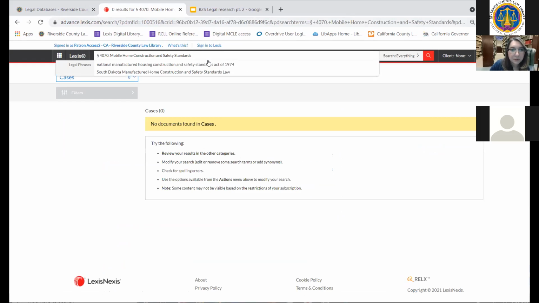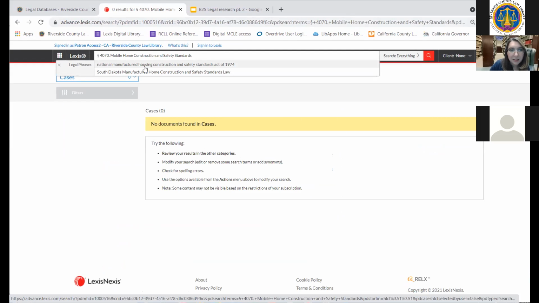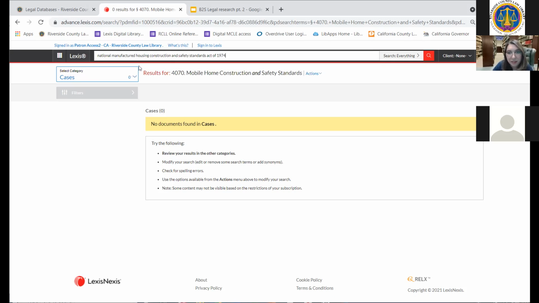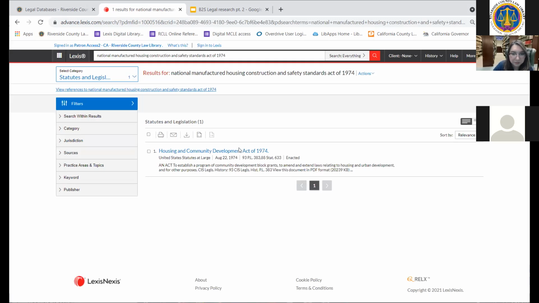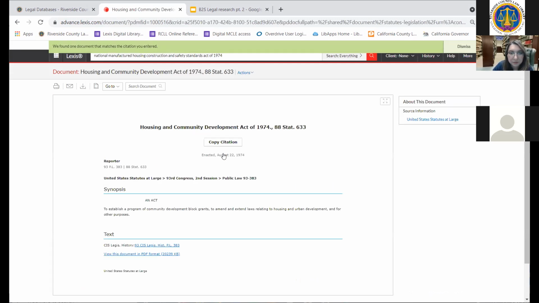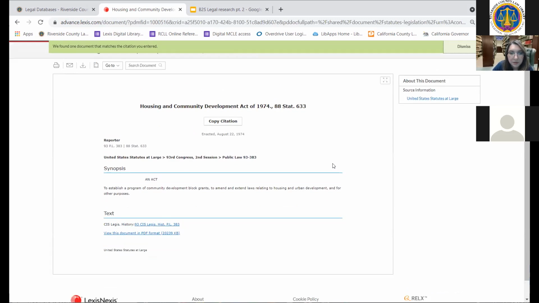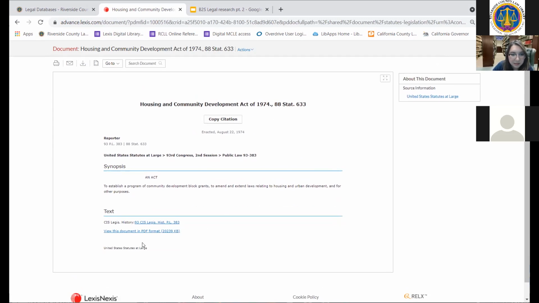Okay, but that was interesting when you saw, did you see that when I put it in, it gave me a synonym legal phrase of the National Manufactured and Housing Construction Safety Standards Act of 1974. So if I click that, let's just see what pops up. So this is, oh, and then you can view the full document.